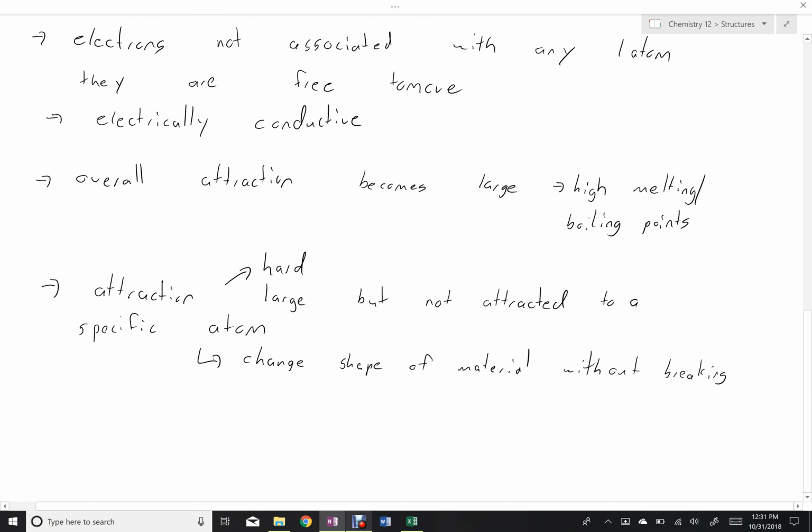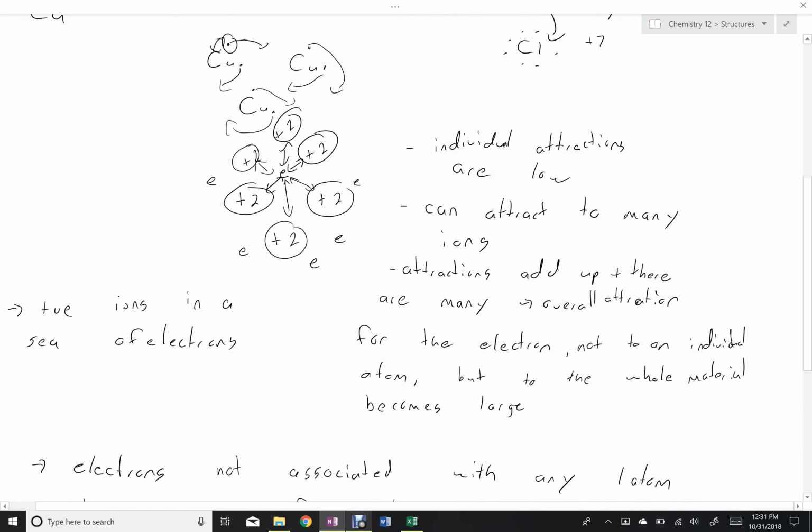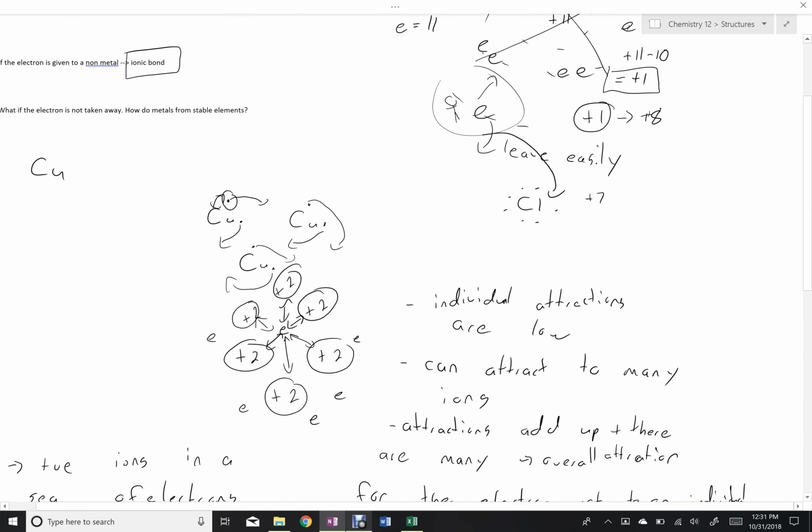And this is what leads to these materials being ductile and malleable. I don't know if I'm going to spell that right. Malleable? Maybe that's it.